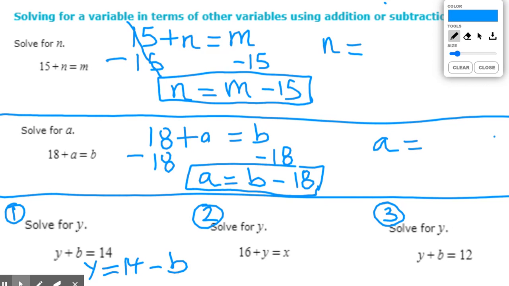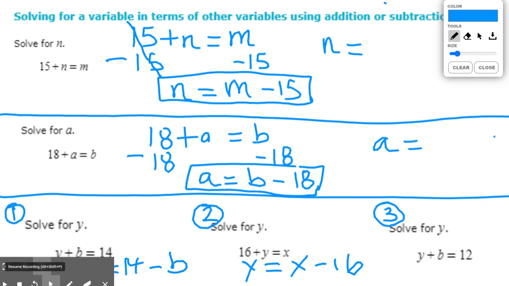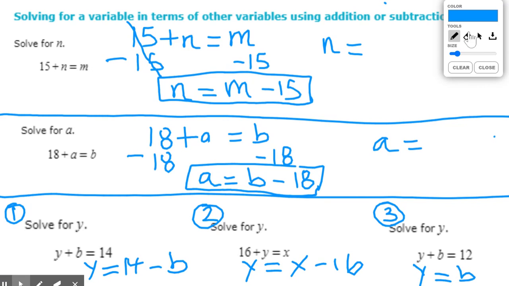And you should have had, for number 2, y is equal to x minus 16. And now I'm going to give you a second chance to pause and do number 3. Okay, and for number 3, you should have y is equal to 12 minus b.